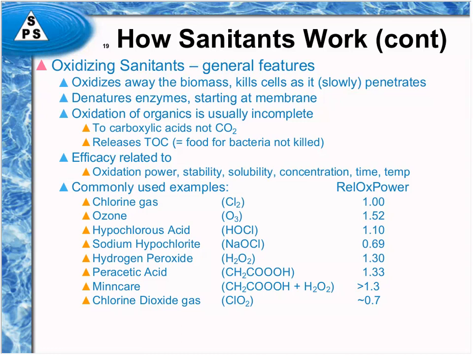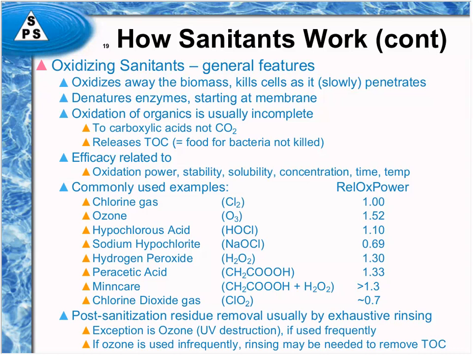And then chlorine dioxide gas, which typically has a pretty low oxidation potential, but that is actually the beauty of how it works, and I'll explain that in a little bit. Usually in the case of all of these oxidizers, when sanitization is over, you can get rid of it by just rinsing the heck out of it. The exception would be ozone, which you can destroy in place with UV.